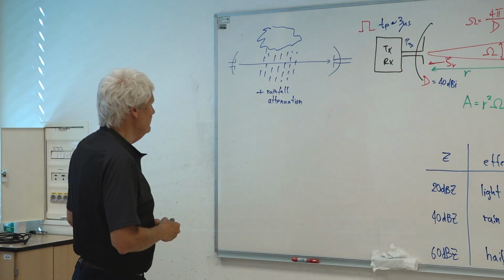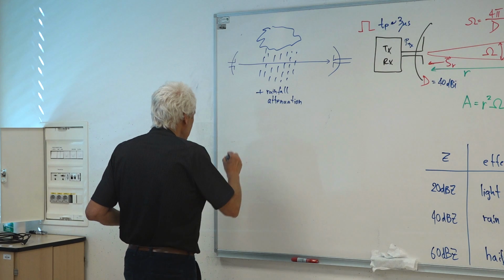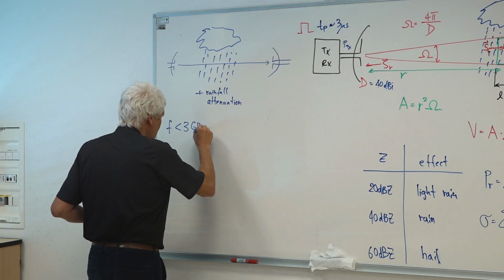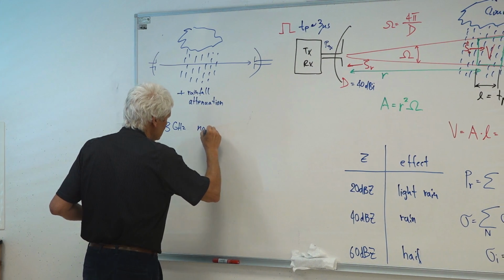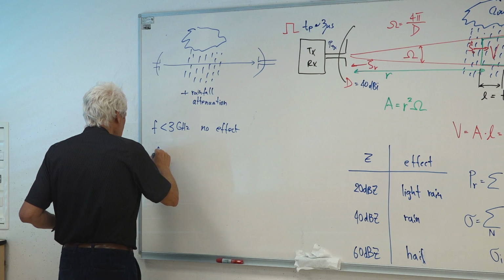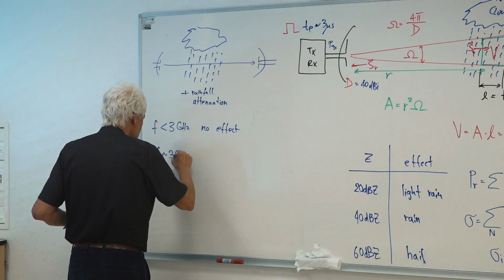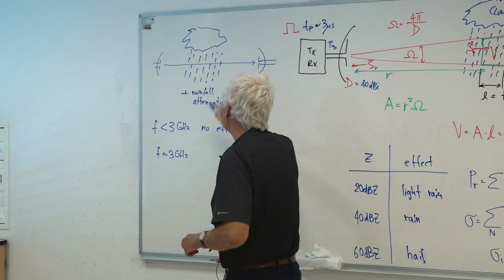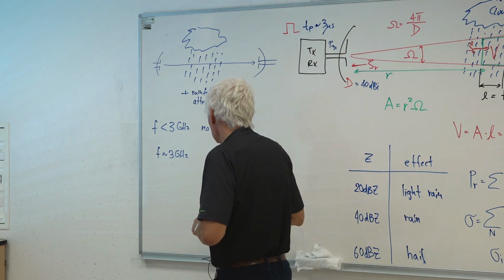But there's a difference in the frequencies involved. Say, for frequencies below 3 gigahertz, I have almost no effect. For a frequency around 3 gigahertz, I have just the dielectric loss in water.